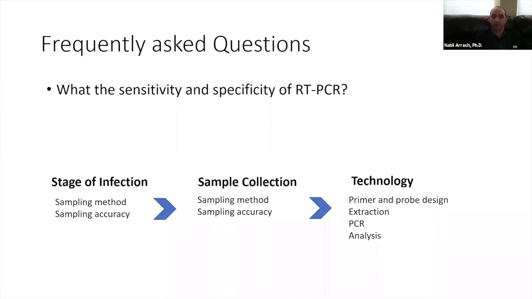The sensitivity and specificity is not just related to the chemistry or the test that you use. It's related to the accuracy of the sampling method. Are you using any sampling method that is leading to high rates of errors? It's related to the stage of infection.